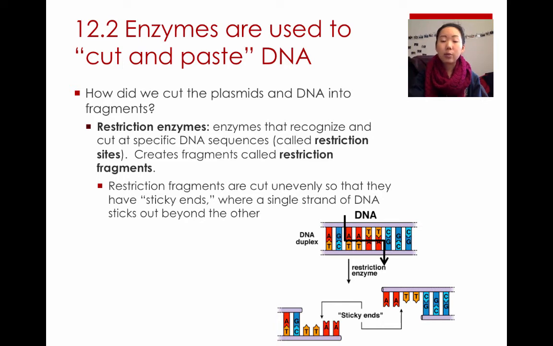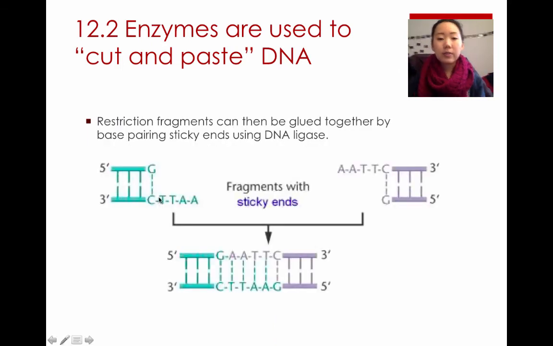These sticky ends are what we're going to use to help base pair when we want to combine things together. So these sticky ends created by the restriction enzymes in the fragments, you see how they're complementary to each other. And so when you cut our plasmids and our separate DNA fragments with the same restriction enzyme, they will have the same kinds of sticky ends, which makes it really convenient to piece them together, and they'll naturally base pair together like we talked about before.